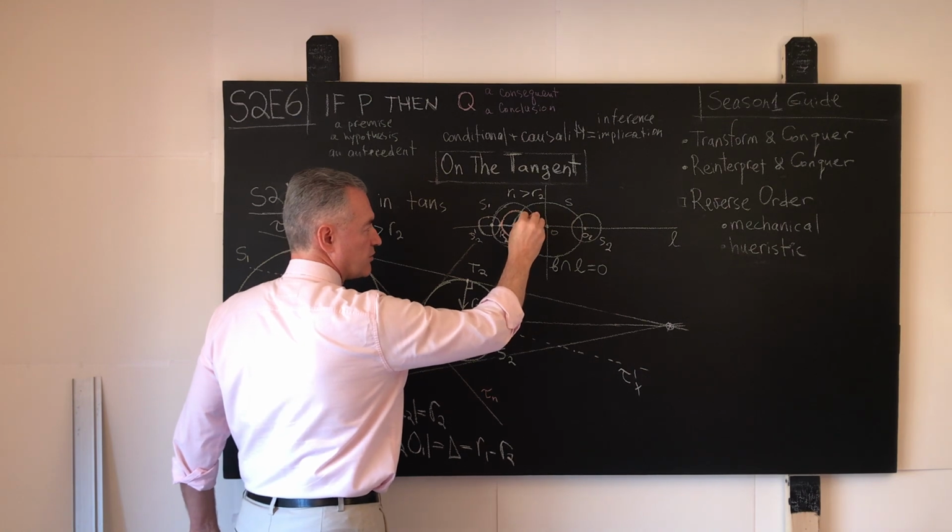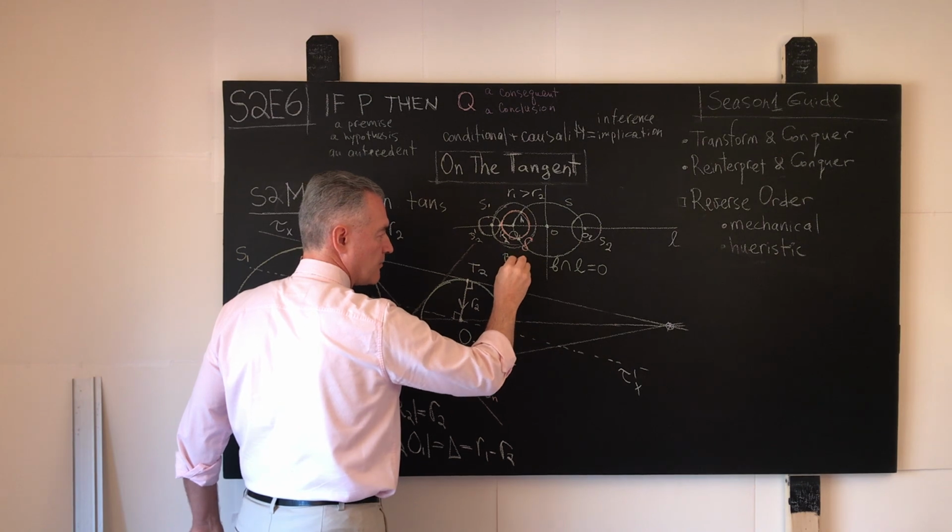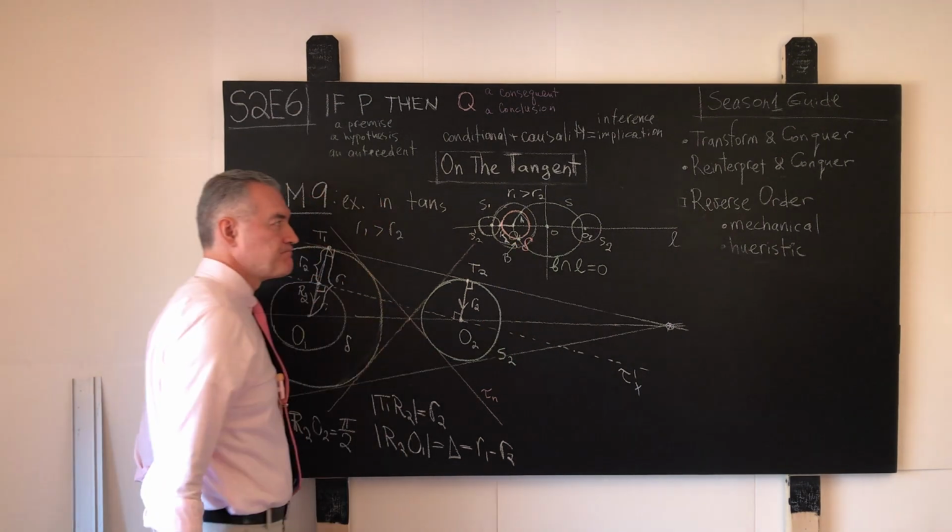Here, the point, for example, A, and here will be the point B, this point right here.